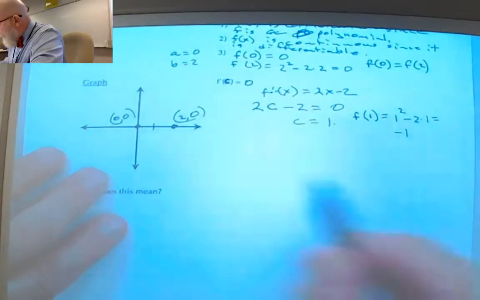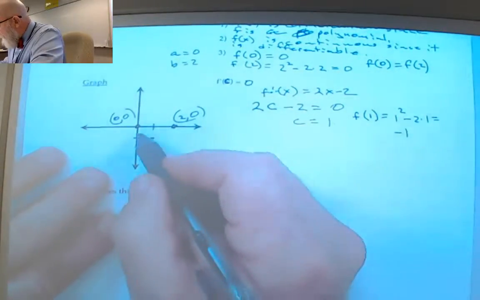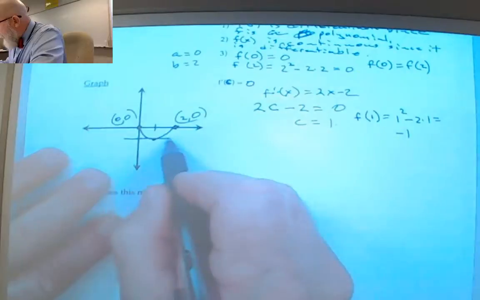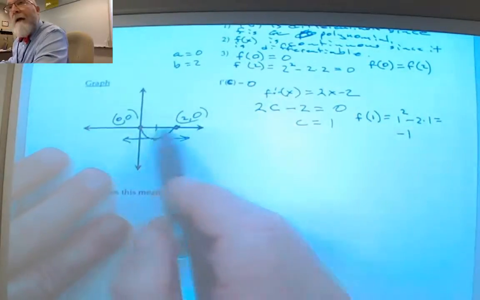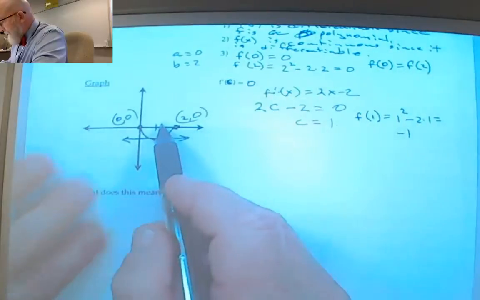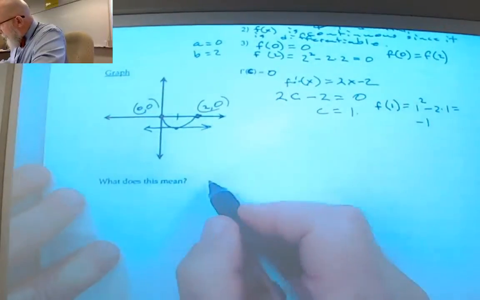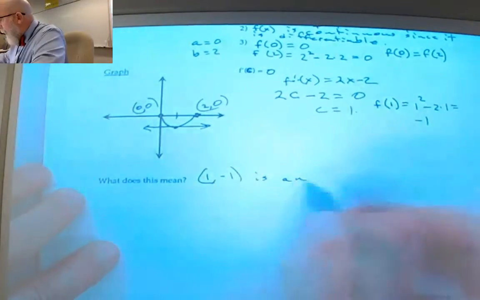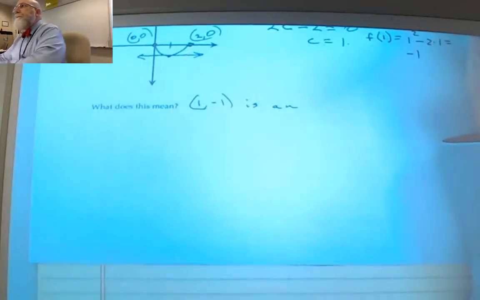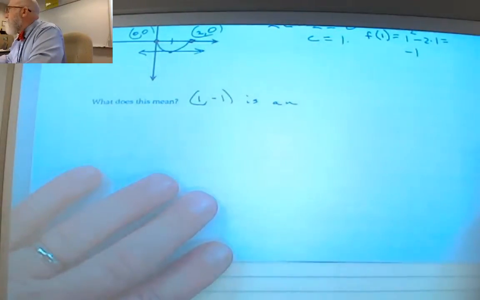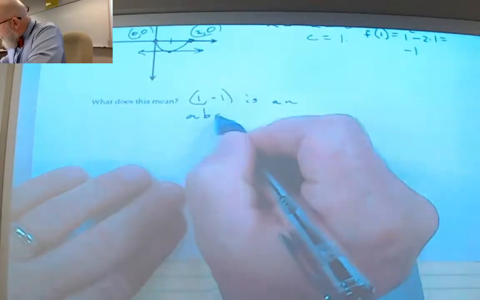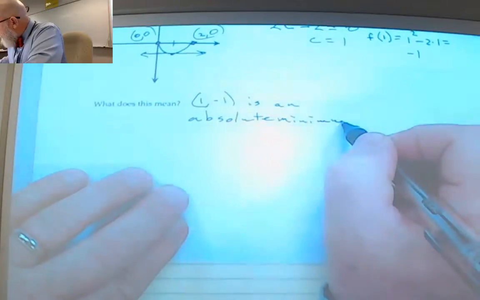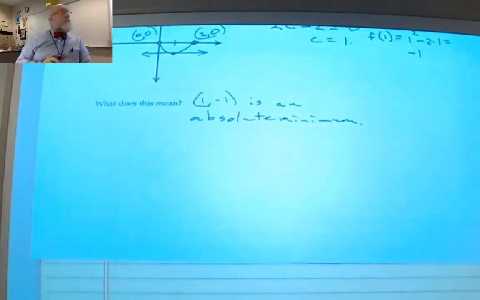I'm going to get a negative 1. So right here is where my tangent line is parallel to my secant line. What does that mean? Well, it means that 1 comma negative 1 is an what? Absolute minimum. Done.